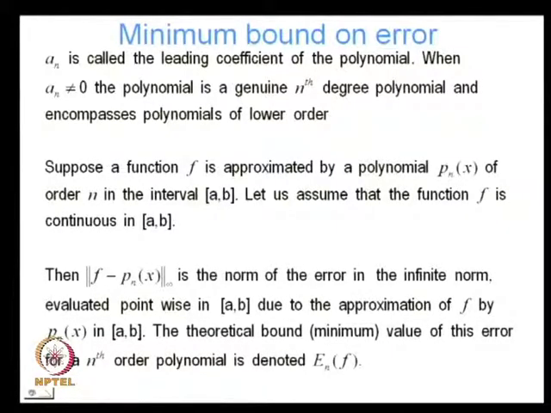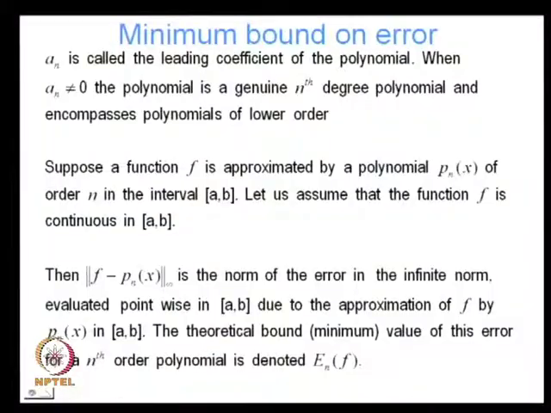Define a norm, the norm of f minus p_n(x) in the infinite norm, which is the norm of the error. It tells me how far off my polynomial approximation is from my given function at each point in that interval, and I am going to calculate that in the infinite norm.